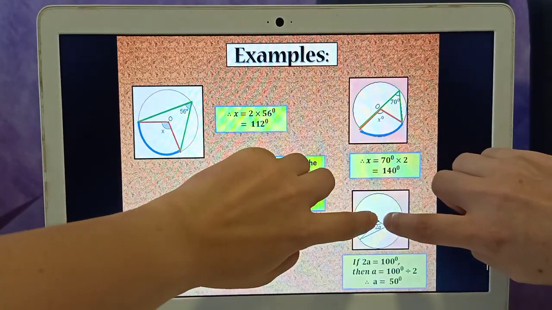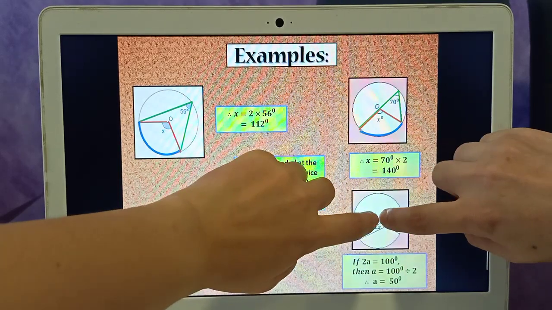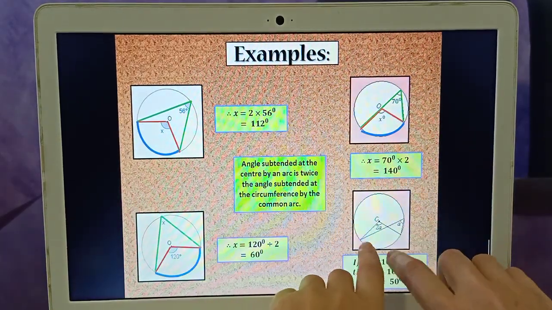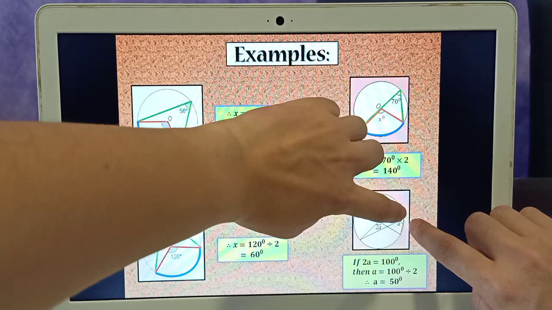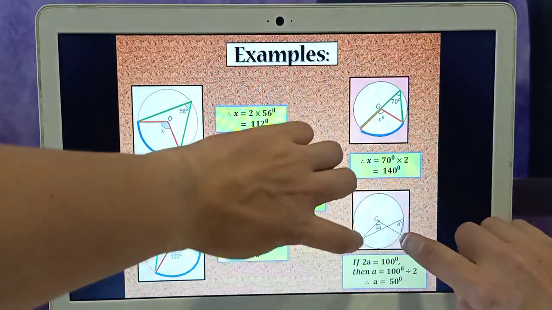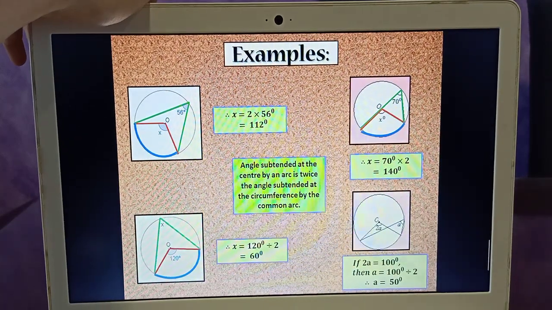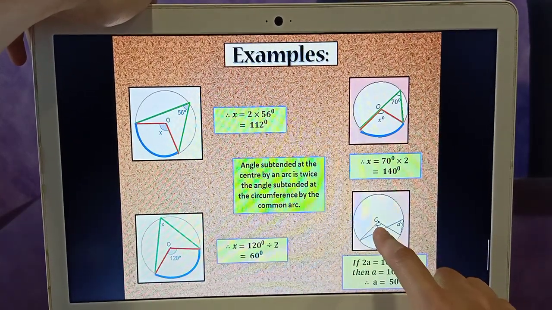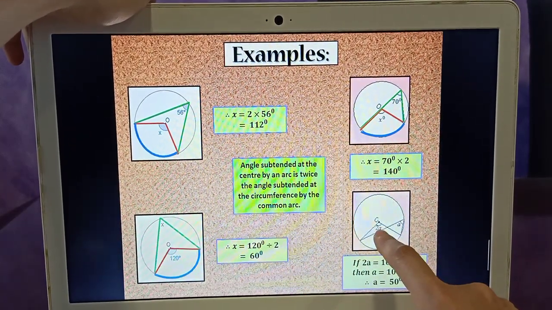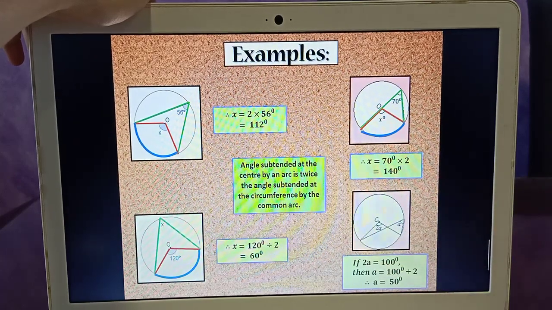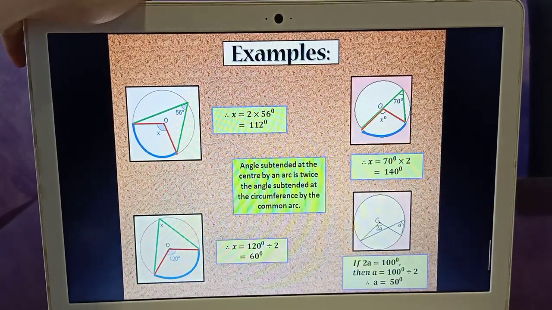You see this one? I forgot to mark this one. This one is the angle subtended at the center by the arc. This one is the angle subtended at the circumference, also by this arc. So actually, the center angle is 2a and the circumference angle is a. If 2a is 100 degree, so what is a? a is half of it, so 100 degree divided by 2, which equals 50 degree.